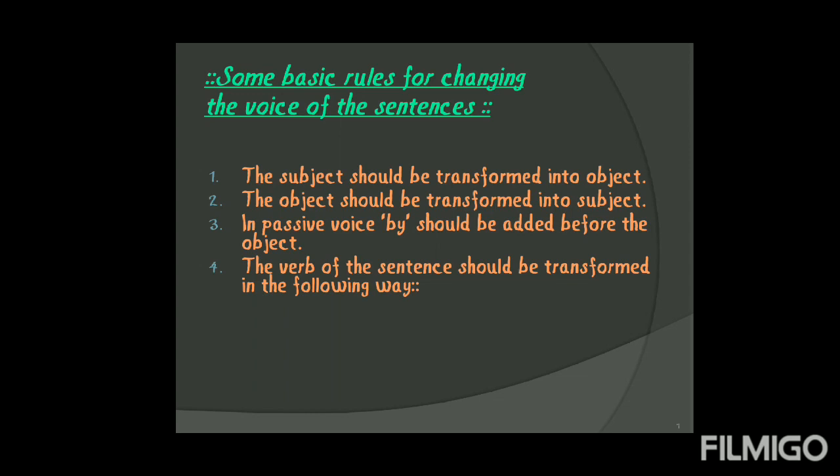In passive voice, by should be added before the object. This is very important. And next, the verb of the sentence should be transformed in the following way. We have already told you that the verb pattern tells you which voice the sentence is in. So let's learn the verb patterns.